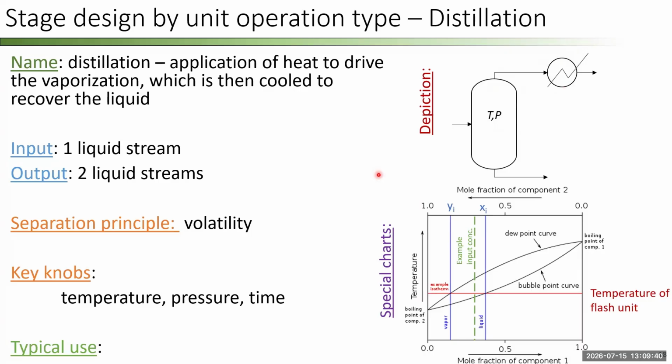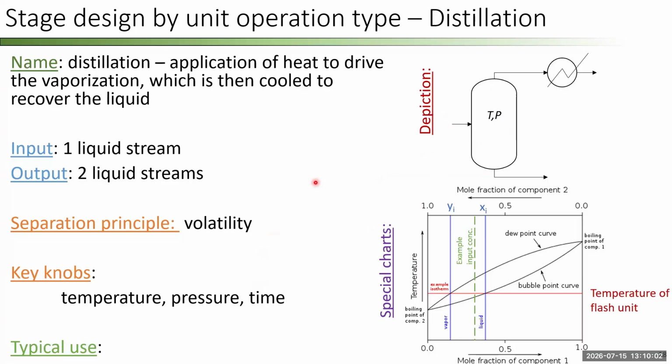Once again, just like our flash unit, we're working on differences in volatility. And so the temperature, pressure, and throughput of this unit is going to dictate how well it operates.